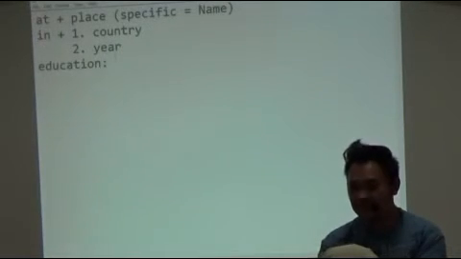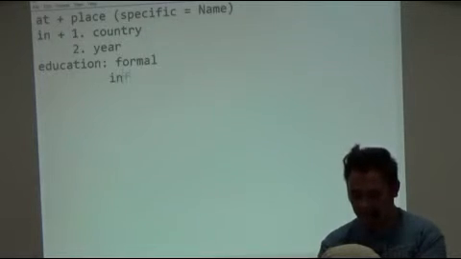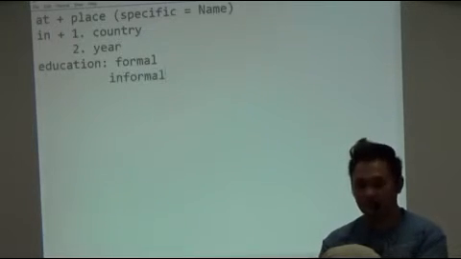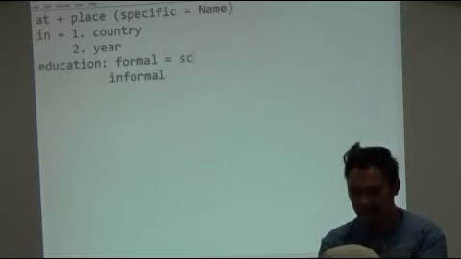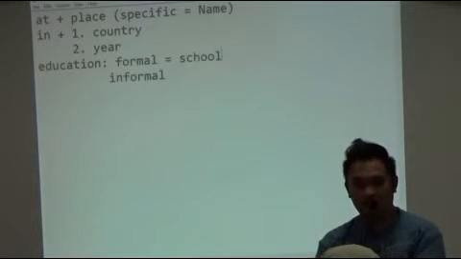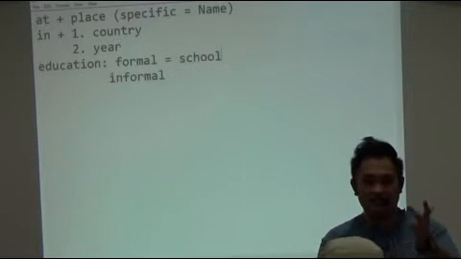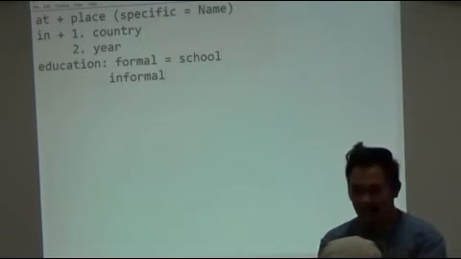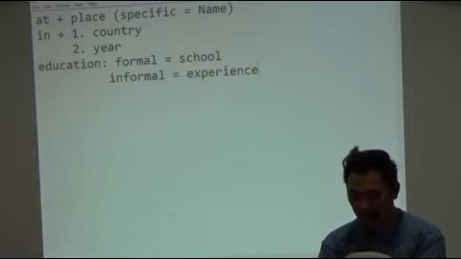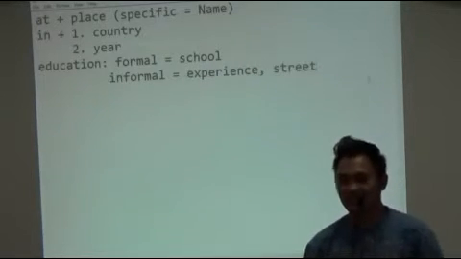The first kind is formal, and the second kind is informal education. Formal education is in school, university, college, high school. Informal is learning from experience, or what we call street learning.